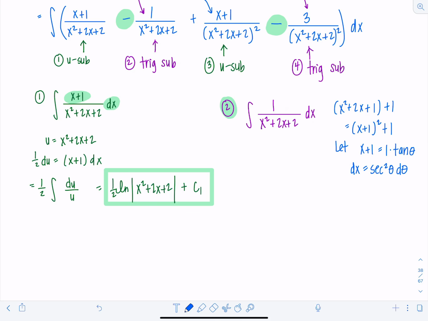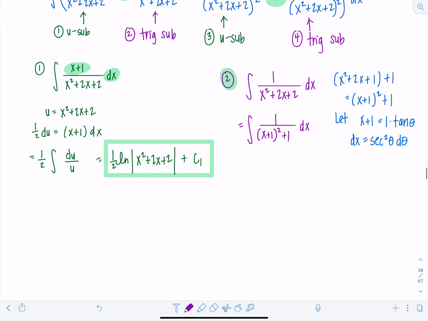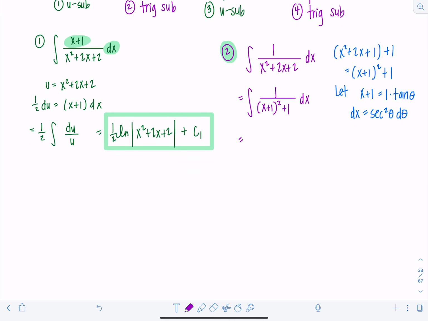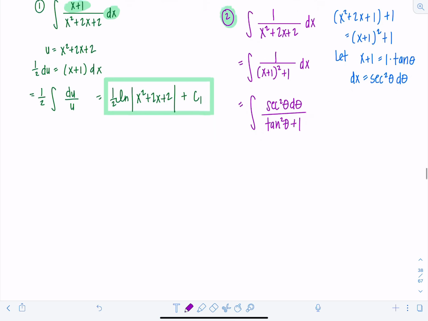So now I'm going to rewrite this integral all in terms of thetas. First, let's rewrite it with the square completed: integral of 1 over x plus 1 squared plus 1 dx. And then remember, dx was secant squared theta d theta. x plus 1 is tangent theta, so we're going to have tangent squared theta plus 1 in the denominator. But oh me, oh my, tangent squared theta plus 1, that's secant squared.